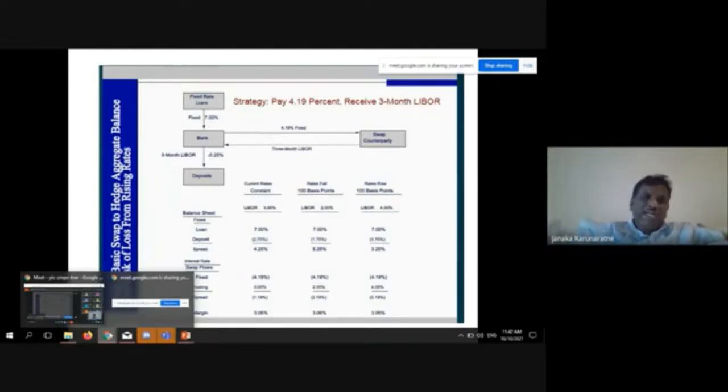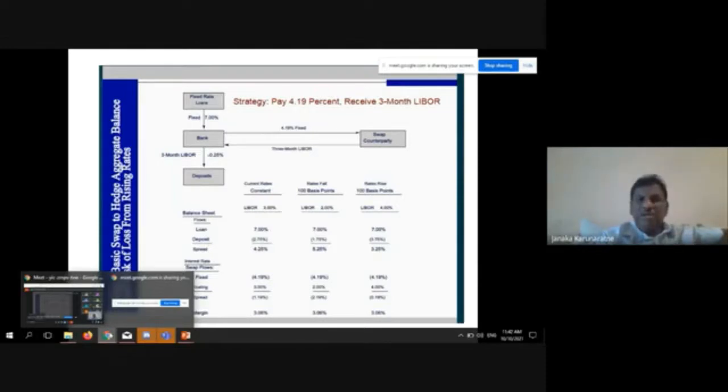And you agree to pay a fixed interest rate because you receive fixed, right? So you identify a swap counterparty or swap broker and say, okay, I will give you a fixed rate cash flow based on the notional principal. You give me 3 months LIBOR.